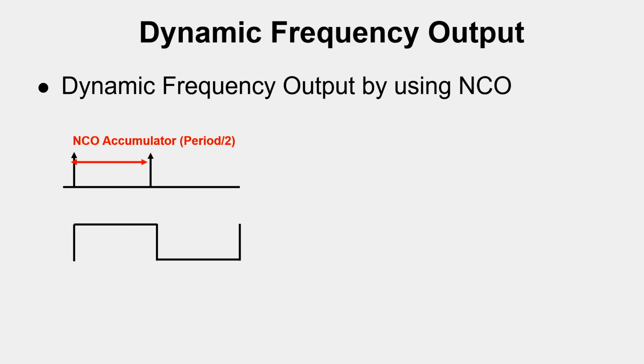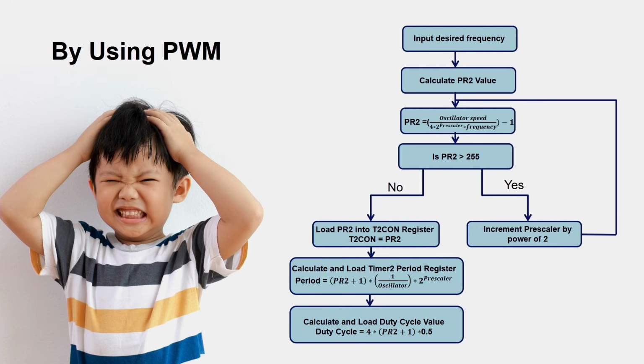And the way the NCO is set up, one of the modes is fixed duty cycle mode, which keeps you at 50%. By using the PWM, it looks like this kid's pretty frustrated. If you're changing the duty cycle, that's fine. You don't have to go through this, but for the period, this is what you'd have to do.